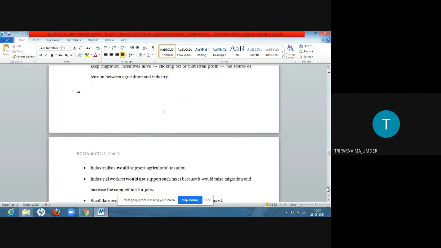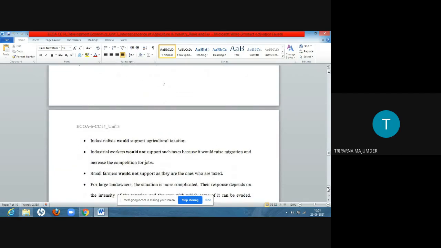What does all this imply? Industrialists would support agricultural taxation. But industrial workers would not support such taxes because it would raise migration and increase the competition for jobs. What about small farmers?